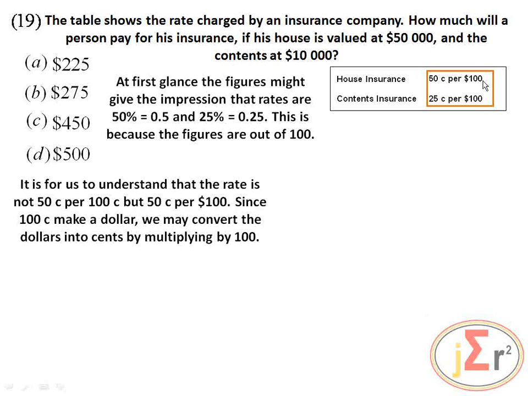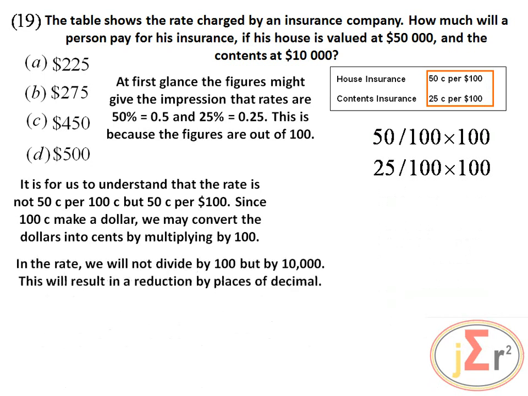That will convert it to cents, and the rates are now 50 per 100 times 100 and 25 per 100 times 100. Turns out to be 50 per 10,000 and 25 per 10,000. In the rate, we will not divide by 100 but by 10,000.